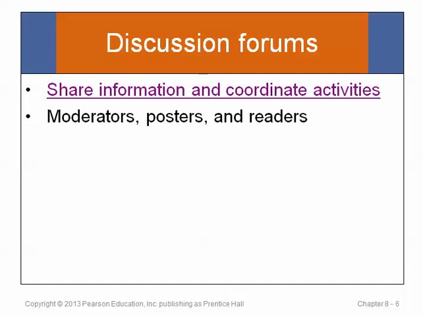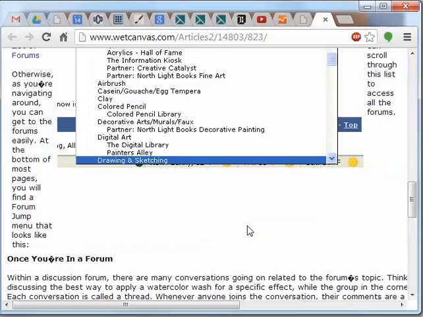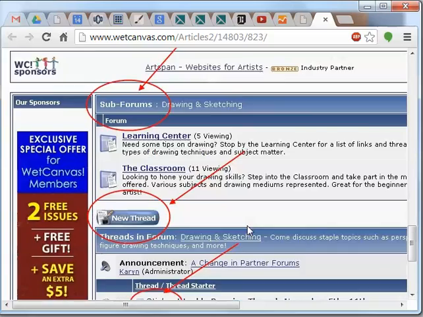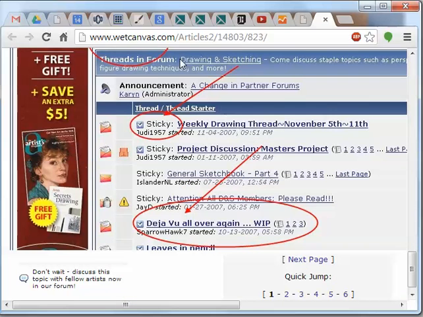One of those early technologies from the first generation of collaboration was discussion forums, and hopefully we can see some examples of a discussion forum here. So you go to some website and there are some major categories in there. Maybe there's a forum on, in this case, the Learning Center, and a forum on the classroom. It's just a website with threads or discussions that get started in a given forum.